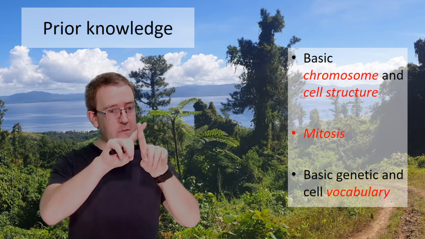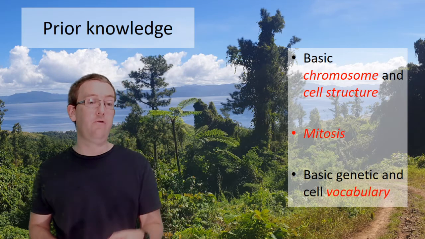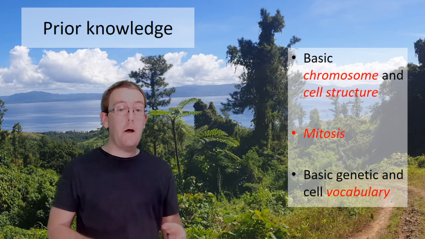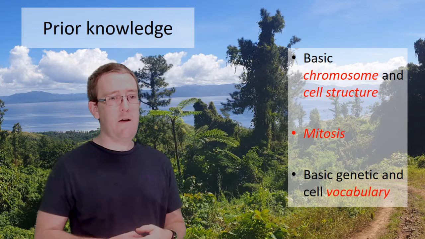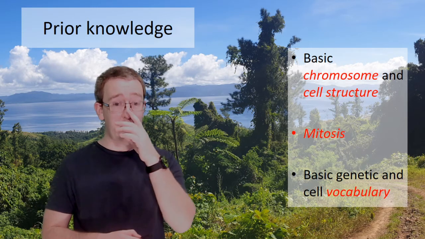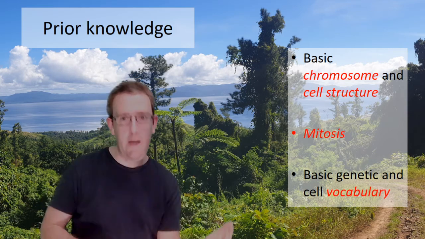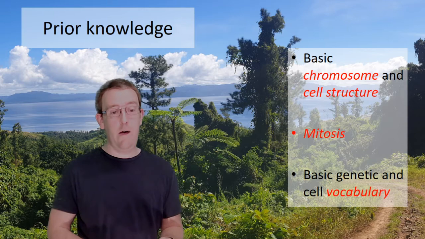That X-shaped thing is one chromosome that's been through DNA replication. Very important that we get the distinction there. I'm also expecting you to remember mitosis with a T. I need you to know your prophases from your anaphases, from your metaphases, and so on. And then obviously basic genetic vocabulary, haploid, diploid, all that kind of stuff. I'm expecting those things as well.